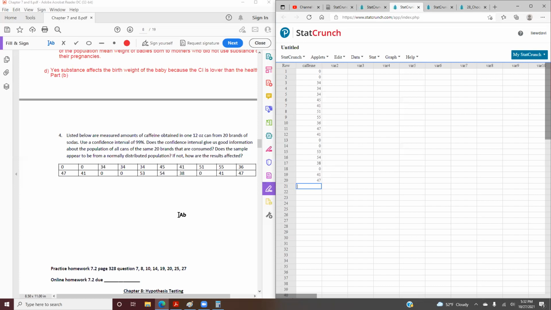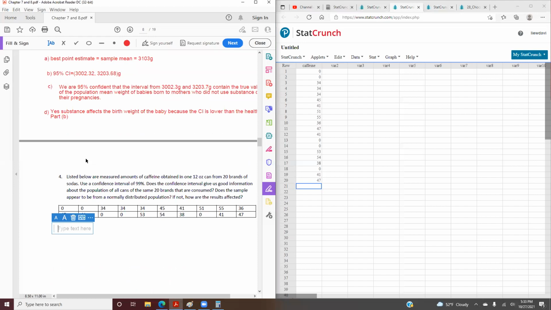So this question is telling us that you open up cans of 20 brands of soda, and they have how much caffeine inside this one 12-ounce can of soda. 0 means that it doesn't have any caffeine in that soda. The question is asking us to find a 99% confidence interval. So how do you find a 99% confidence interval?